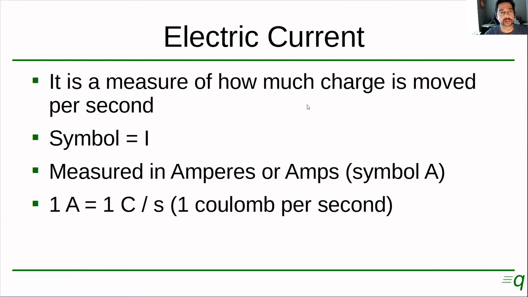So electric current is a measure of how much charge is moved per second. And we will symbolize that with the letter I. So I is the current intensity, or simply we will call that current.